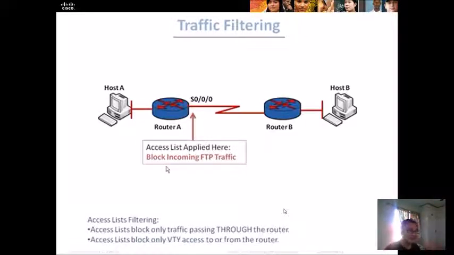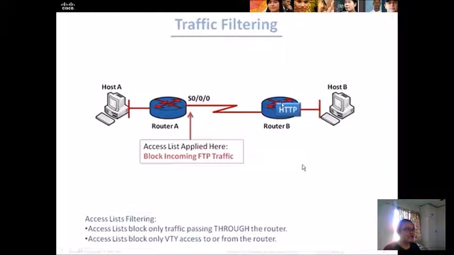Is that clear? So in this example, let's say host A would like to be accessed by host B. So host B is heading toward host A, but you set on your router A to block only incoming FTP traffic. Get the idea?